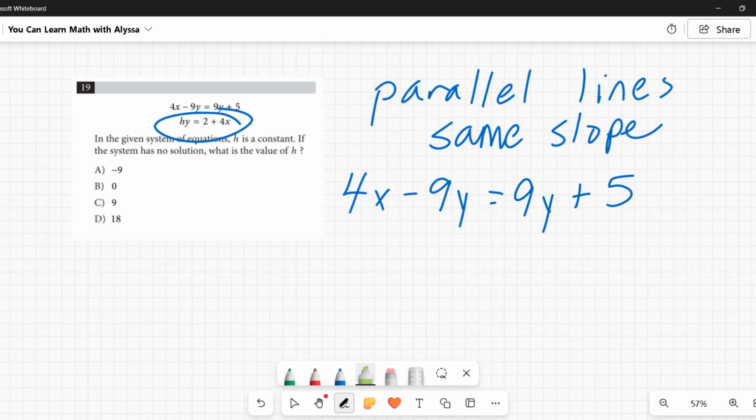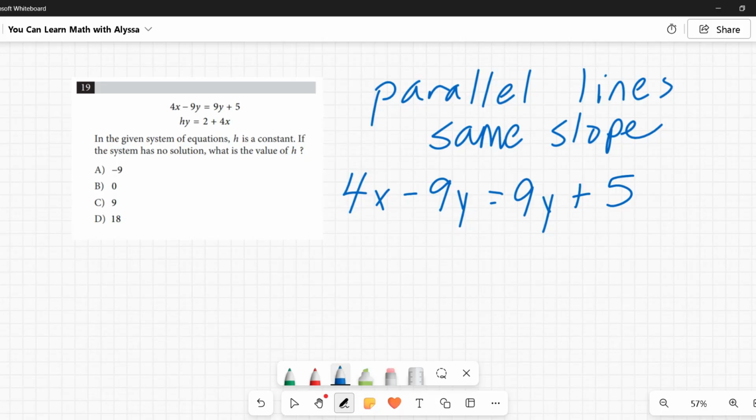And because this has a 4x in it already, that seems like a high possibility. So let's get the y's on one side, the x's on the other in this one, not worrying about the extra step of dividing y by any coefficient in front of it to get true slope-intercept form.